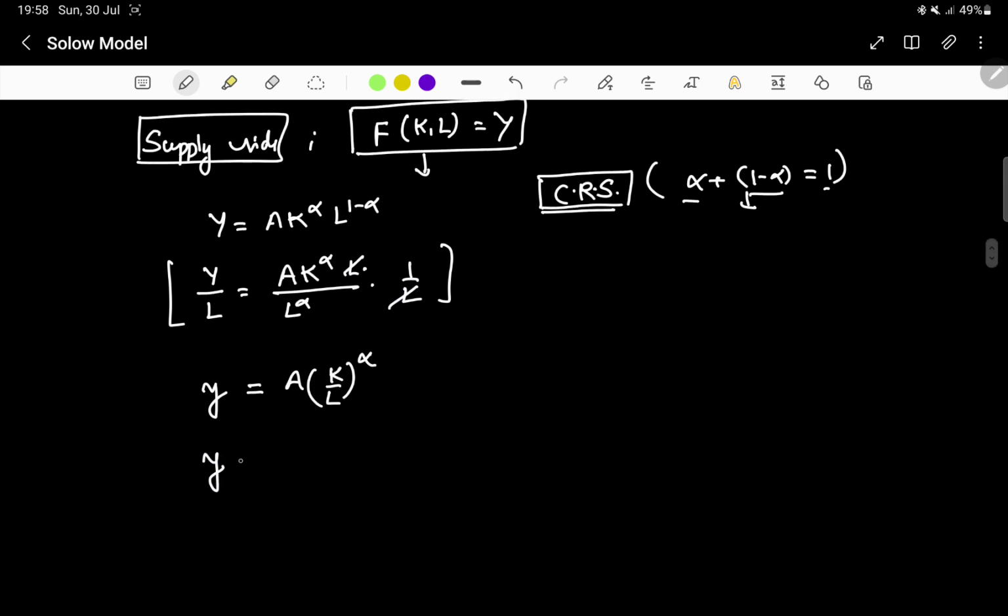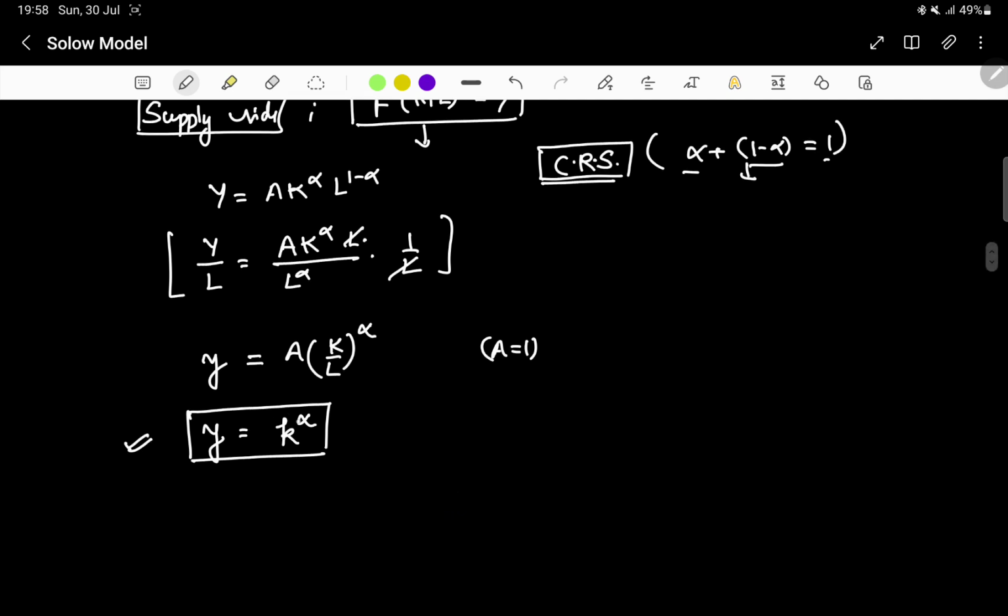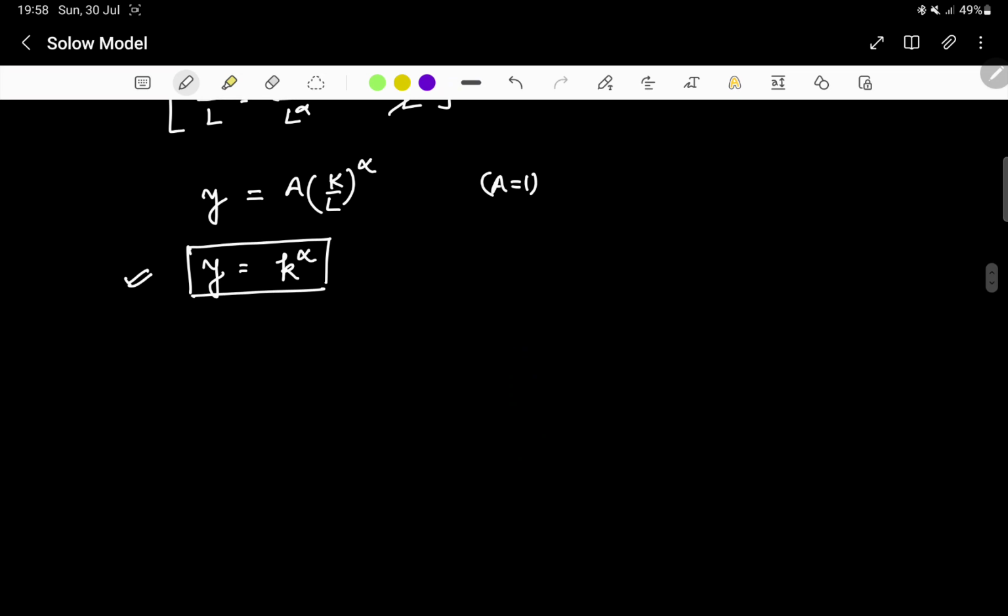So we can write small y, output, as a function of k raised to the power alpha. We can assume A to be 1 for simplicity. So we can write a production function where per capita output is a function of per capita capital, raised to the power alpha. So this is equation 1.